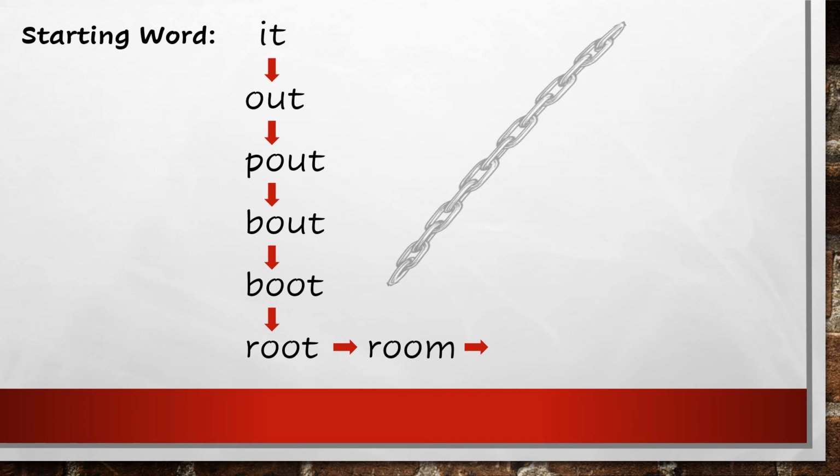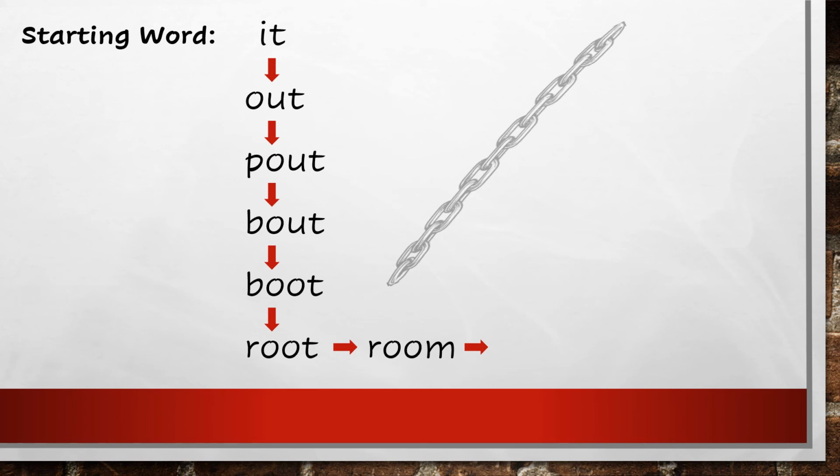And our next word is the word groom. Groom. I hear a blend at the beginning of that word. What two letters make the gr sound for groom? And how am I going to change room to make groom?